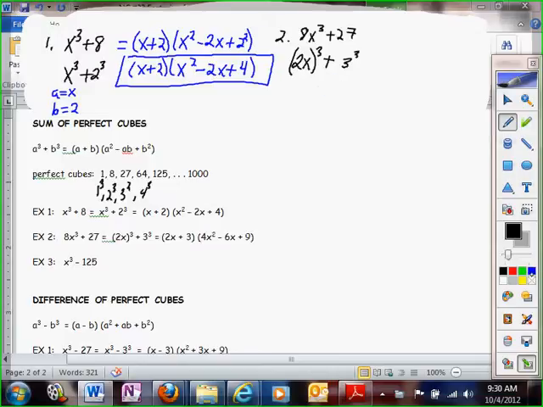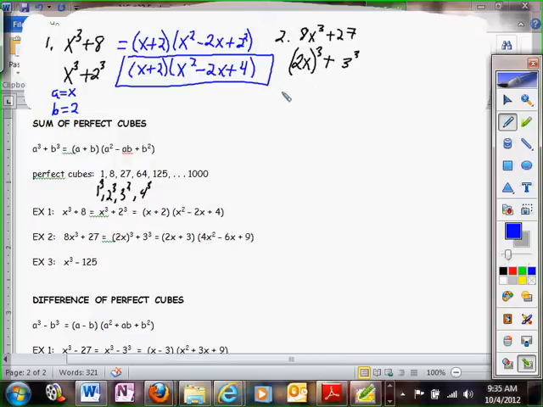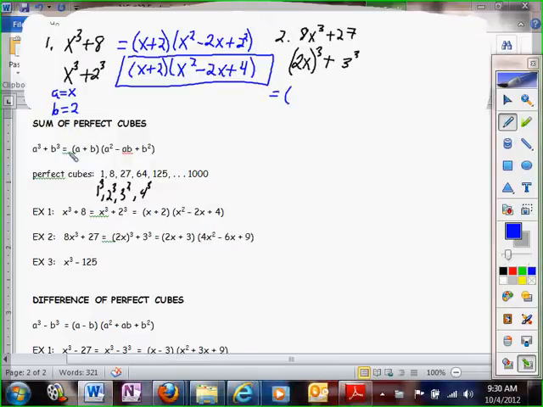So my answer, when I factor it, becomes, again, the first term plus the second, so 2x plus 3 times the first term squared, which is 2x squared, minus those two terms multiplied together, which is 2x times 3, plus the last term squared, which is 3 squared.